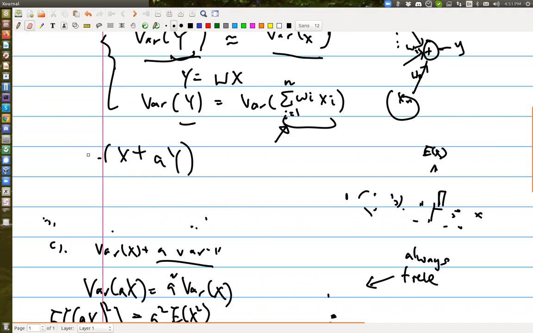Okay, let me expand this, and then I'll worry about that. So this will definitely be equal to the sum of the variance of these terms, which is always true here: the variance of the sum of w_i x_i, i equals 1 to n.